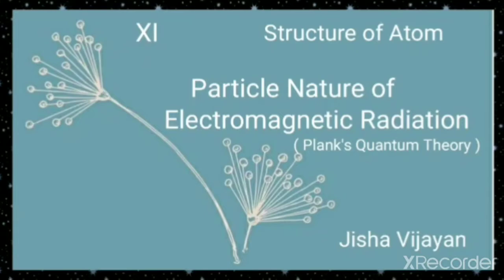Some experimental phenomena such as diffraction and interference can be explained by wave nature of electromagnetic radiation, but there are some observations which cannot be explained with the help of electromagnetic theory, just like nature of emission of radiation from the hot bodies, and ejection of electron from the metal surface when the radiation strikes it. All this can be explained with the help of particle nature of electromagnetic radiation.